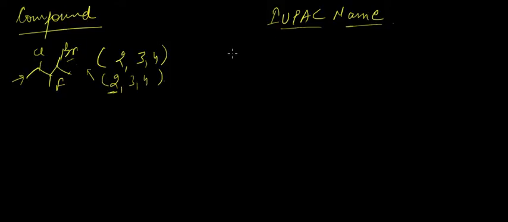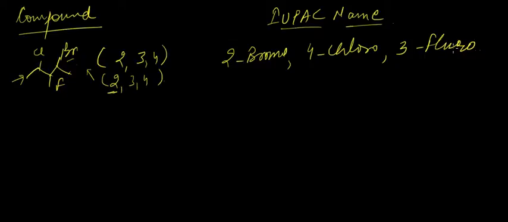So the IUPAC name would be 2 bromo, 3, now we'll be writing 4 chloro first because C comes before fluoro. So 2 bromo, 4 chloro, 3 fluoro. How many carbon atoms are there? Pent, so pentane.